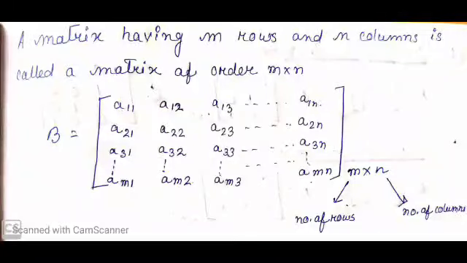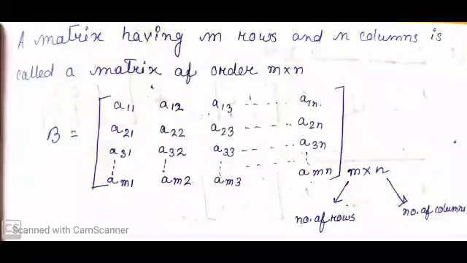The elements are represented by small a. In the first row we have A11, A12, A13 dot dot up to A1n. So A1n is the element of the first row, nth column. In the second row we have A21, A22, A23 dot dot up to A2n. A2n is the element of the second row, nth column.